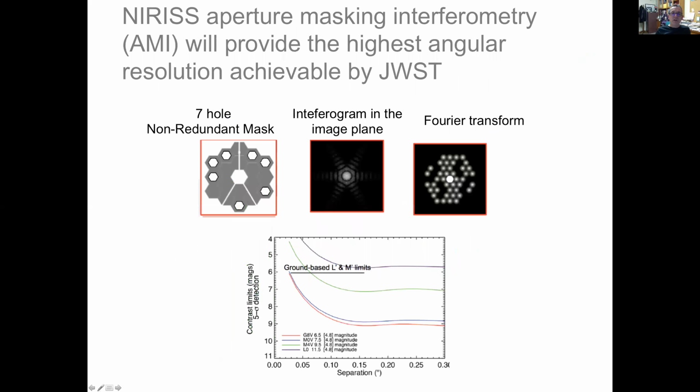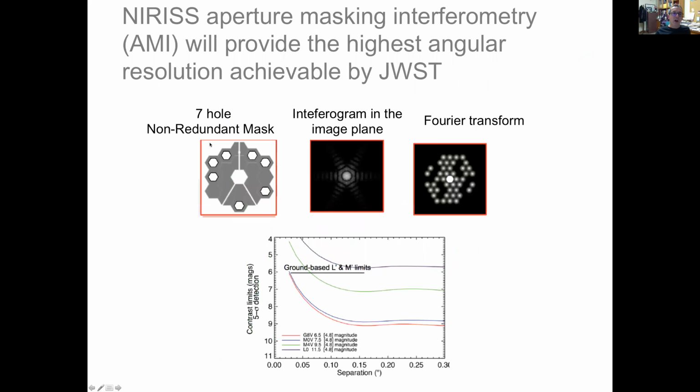Okay, now moving on to the third mode of NIRISS, aperture masking interferometry. Basically, we have a mask that we can insert into the pupil plane that takes light only from 7 segments, and it is such that the baselines of any 2 apertures are unique.